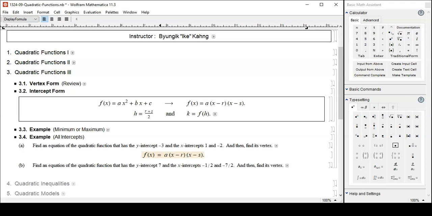There goes the equation, and then x-intercepts are 1 and -2, so x minus 1, x plus 2. And here, the key is the a value. What is it? Remember, you'll have to answer this one way or the other in order to go to the final answer.